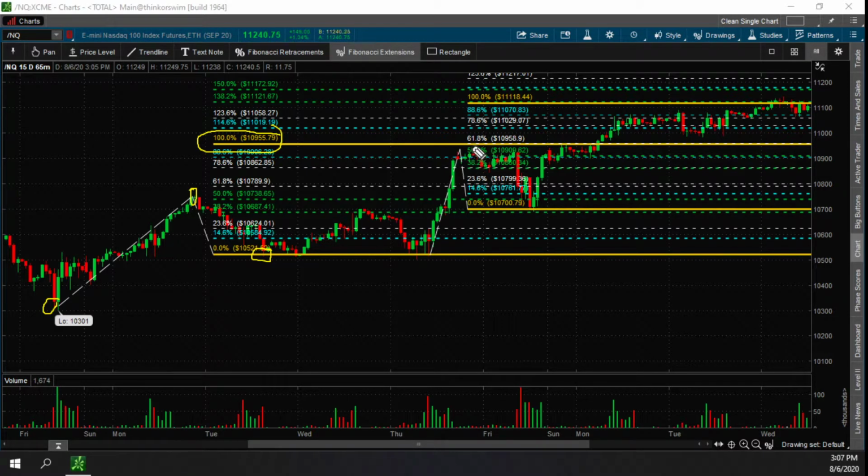Then we retraced this point here, and this point here, and then it gave us this 100% up here on top. So once this 100% here broke, it went up to the upside.